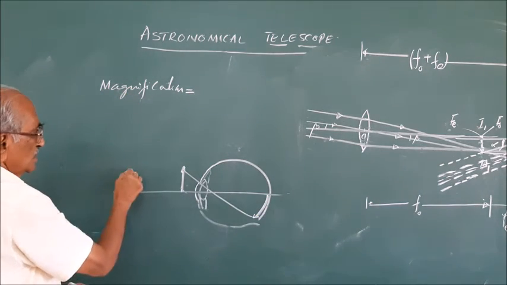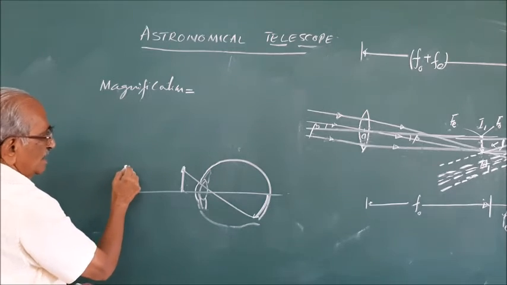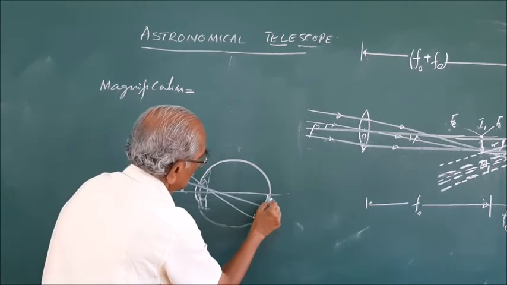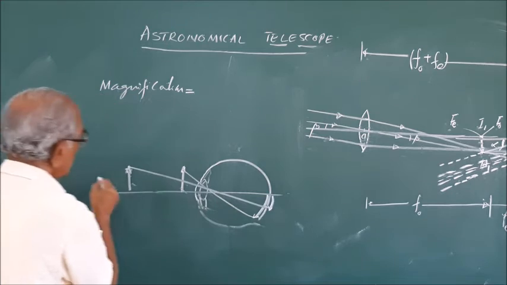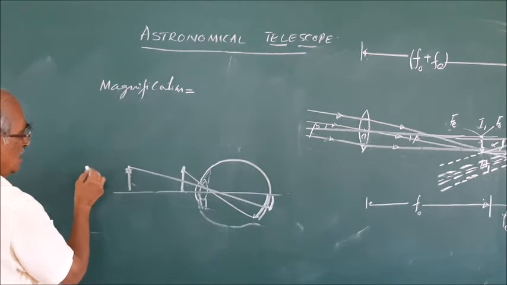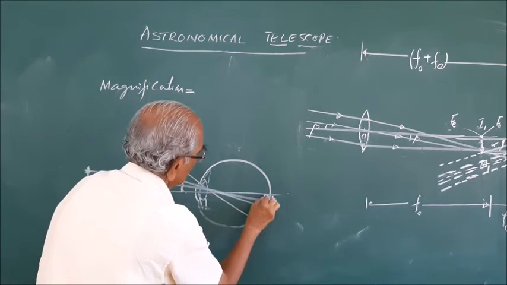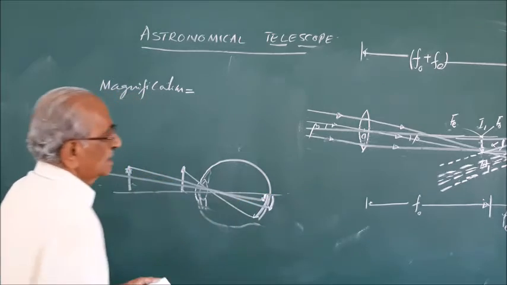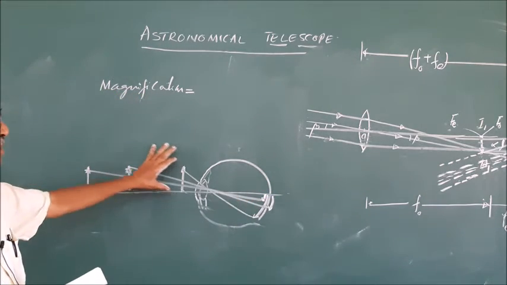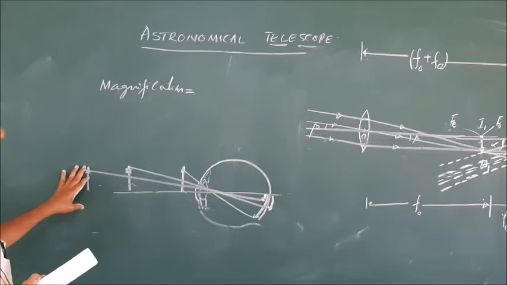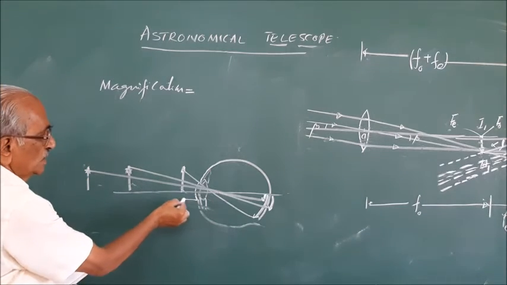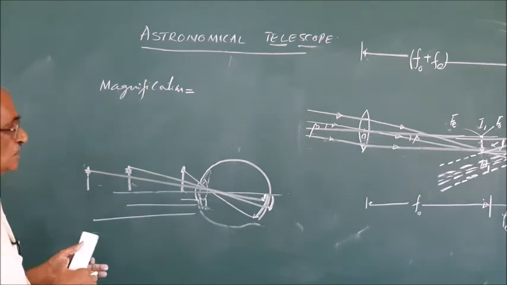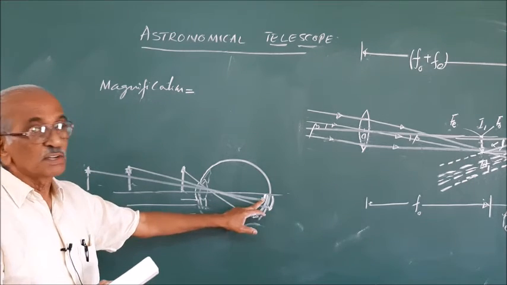If the same object is placed here, this is the image. Notice that the size of the object does not change, but as we go away from the eye, the image that we see goes on decreasing in size.